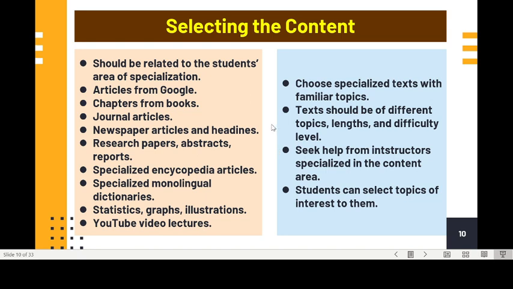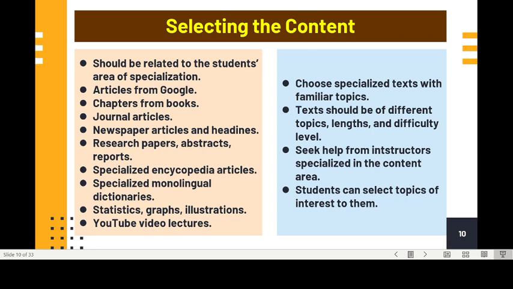Okay, then we select the content. When we select the content, the material, the subject matter, it should be related to the student's area of specialization.